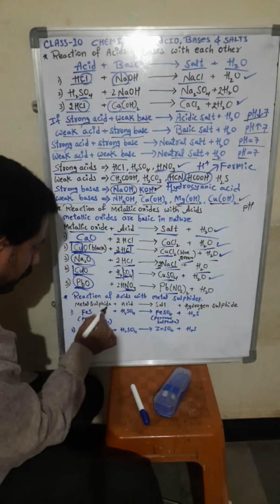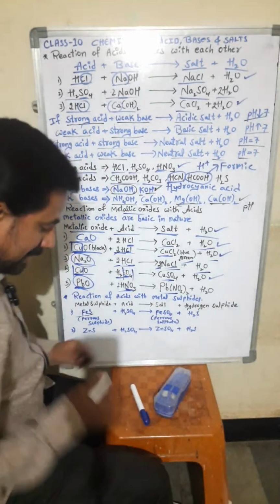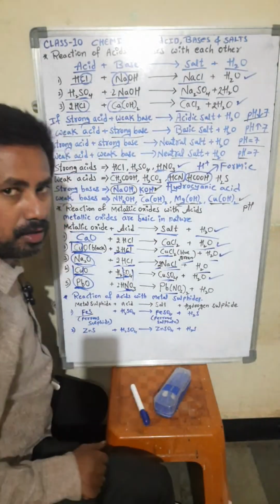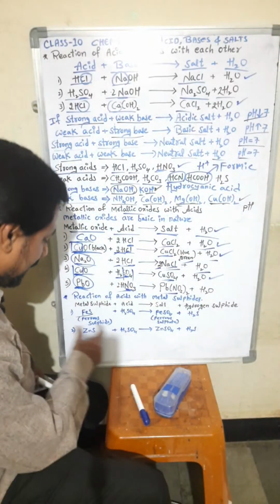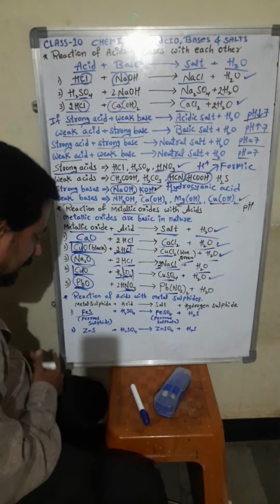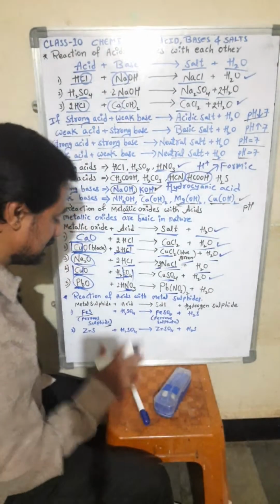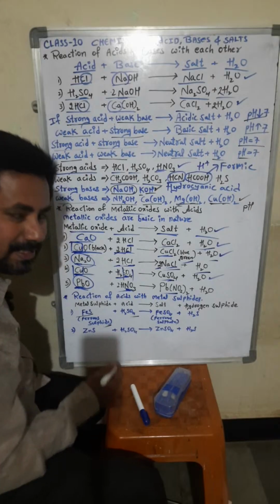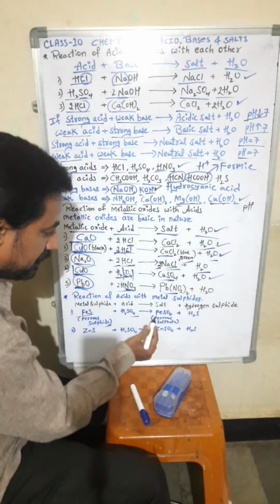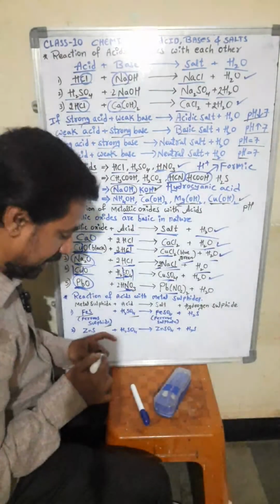One example for metal sulfide is FeS. What is FeS? Fe is iron, S is sulfur, so ferrous sulfide. The ending is -ide, remember. Ferrous sulfide, when it reacts with acid, H2SO4, gives ferrous sulfate.